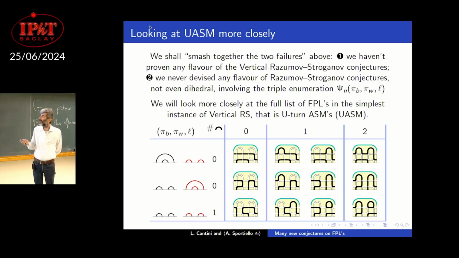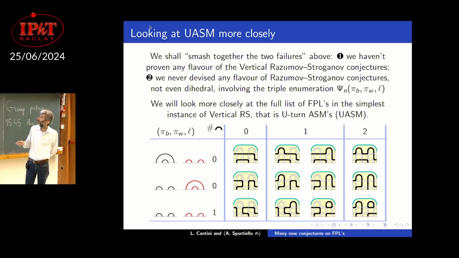We do something crazy. Despite the fact that we never proved any vertical Razumov-Stroganov conjecture, and we never had an idea on how to construct any dihedral Razumov-Stroganov conjecture using the triple enumeration, now we look at fully packed loops which are pertinent to the vertical case, with the triple enumeration.